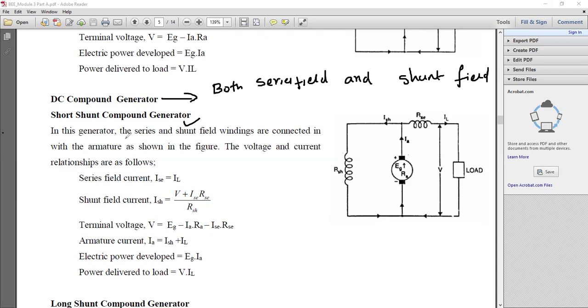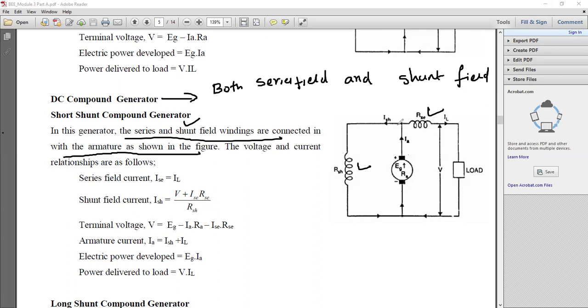So here, the series field windings are connected with the armature as shown in the figure. Also we have the shunt field winding. Both the series field and shunt field windings are connected in this fashion, that is why it is known as a long shunt generator.